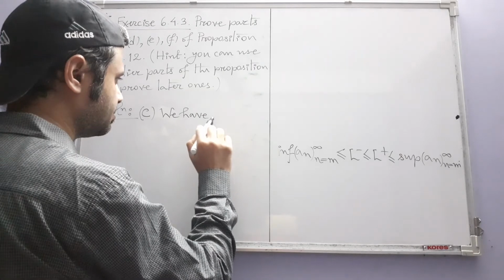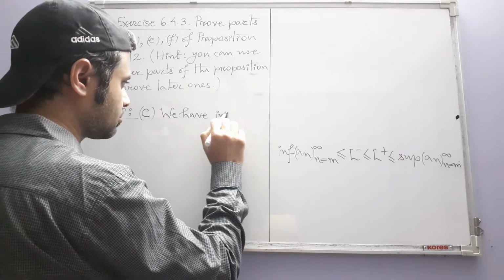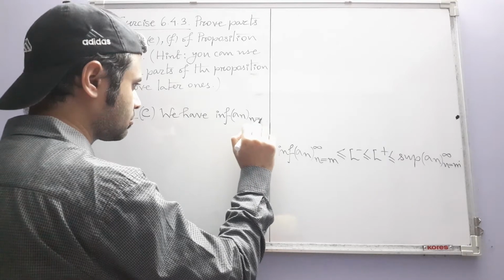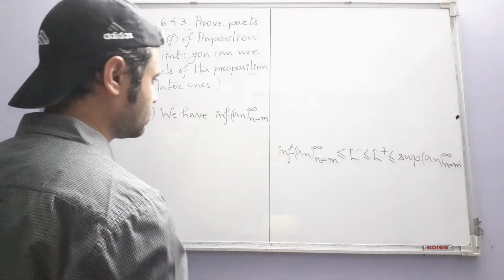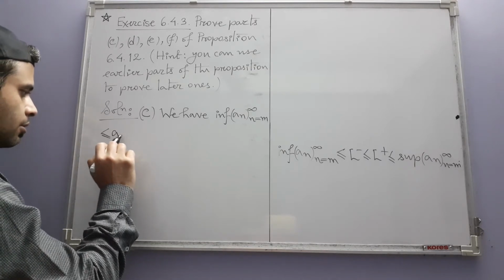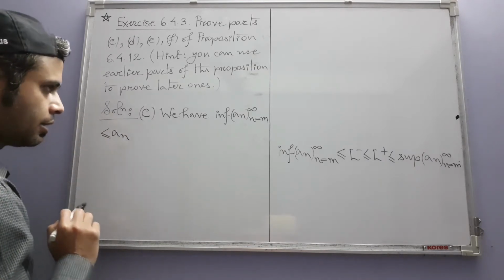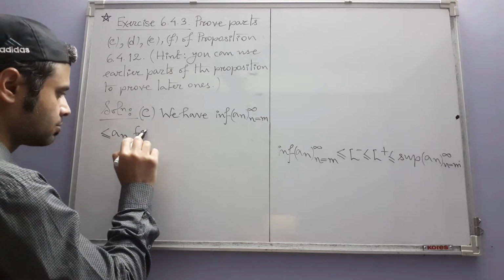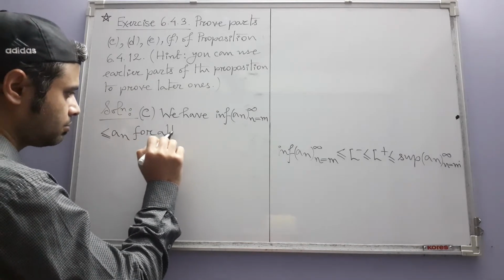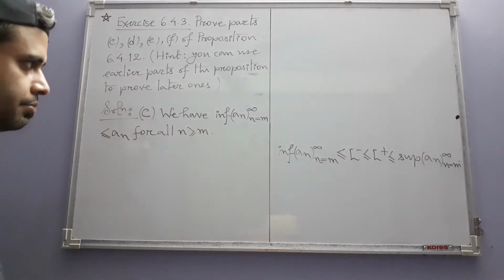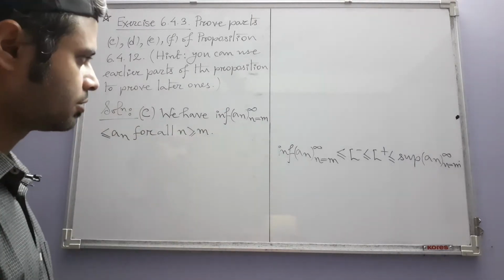We have the infimum of the sequence less than or equal to an, the nth term of the sequence or nth element of the sequence, for all possible n, for all n greater than or equal to m.